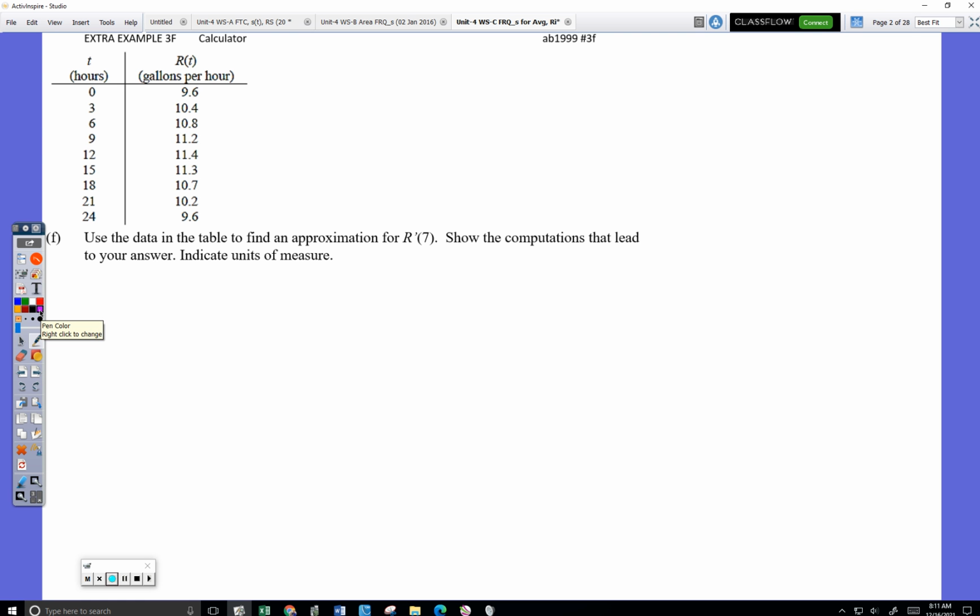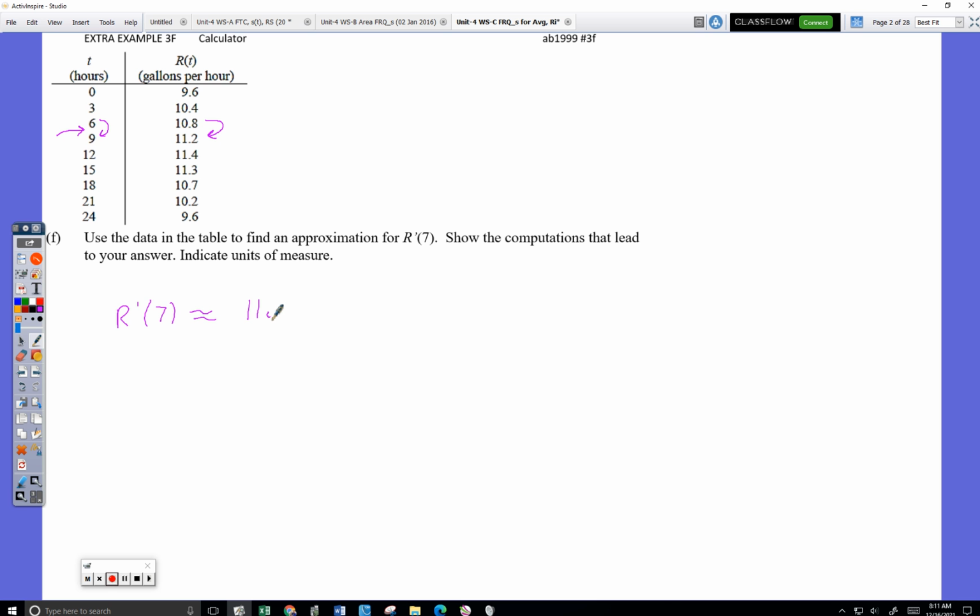Okay, I'm looking for R prime of 7. So no 7 in the table, that's not a problem. I'm just looking for what's happening between hour 6 and hour 9. And between those 2 hours, I have a rate that goes up. So I have to show my computations.